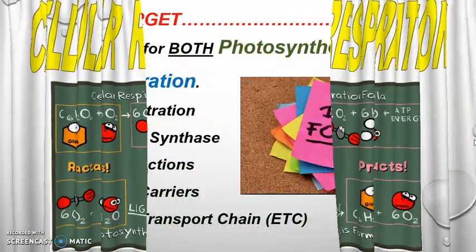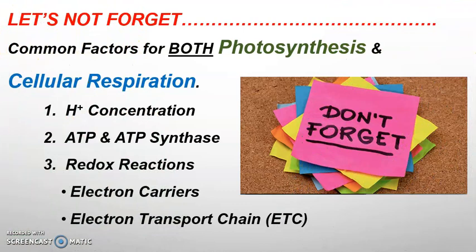First thing I want to begin with is I do not want you to forget the common factors for both photosynthesis and cellular respiration that we began with on the very first slide for Unit 4. During the process of cellular respiration, the whole goal is to make energy. To do that, you are still going to make use of a hydrogen ion concentration that'll be used to make ATP using the enzyme, once again, ATP synthase.